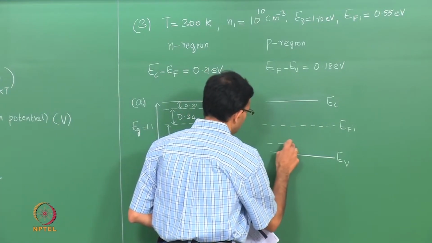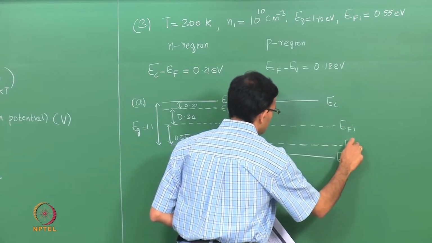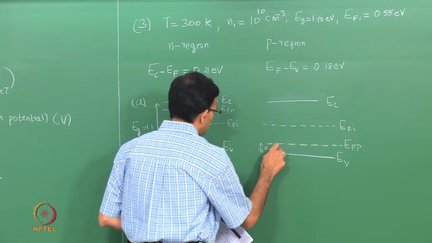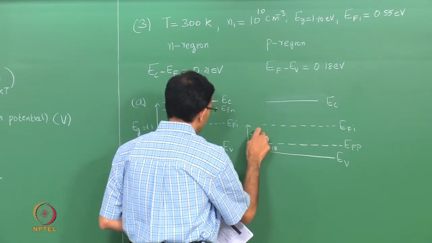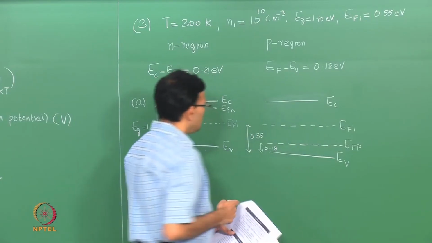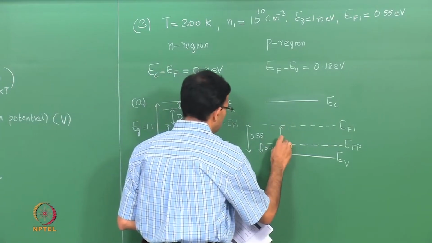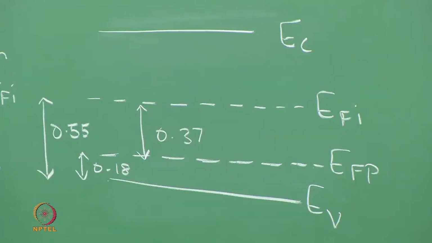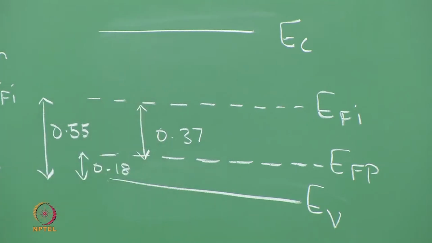So, EFP, so this is 0.18. So, EFI to EV is 0.55, so that this height is nothing but 0.37. So, this is 0.55, this is 0.18, this is 0.37.